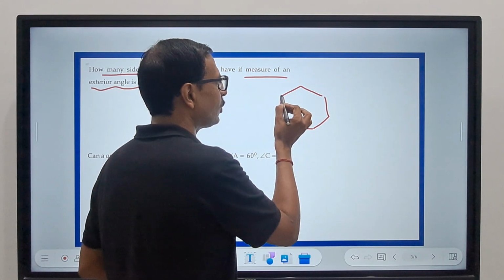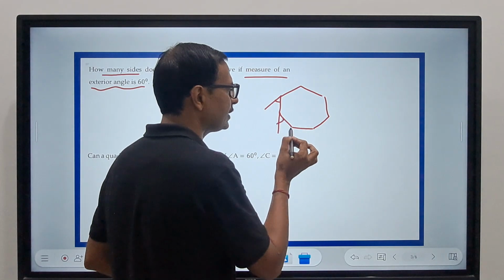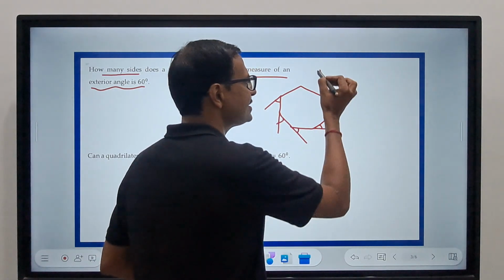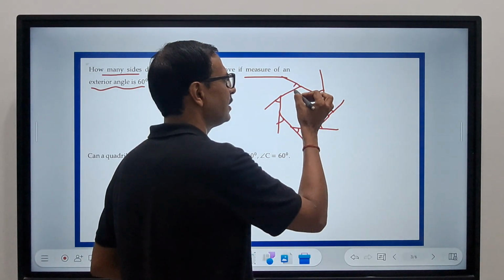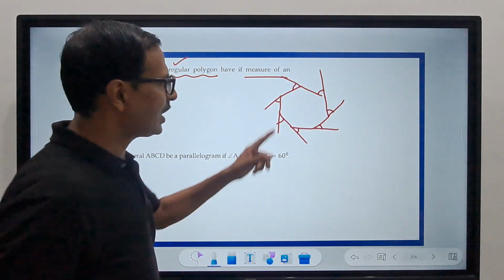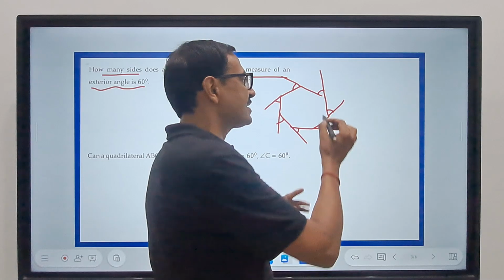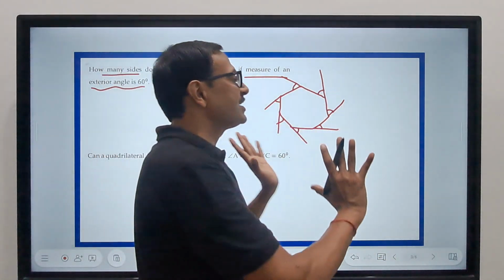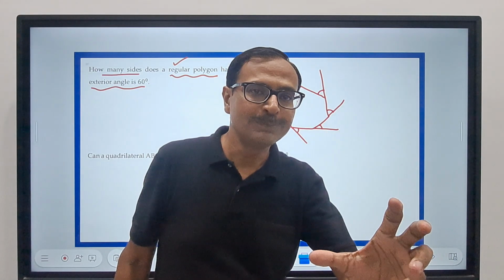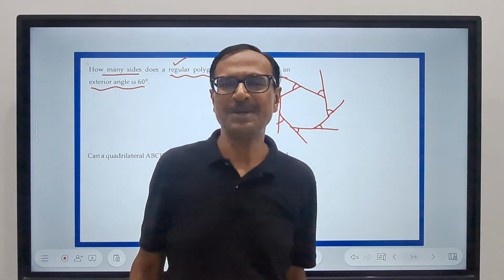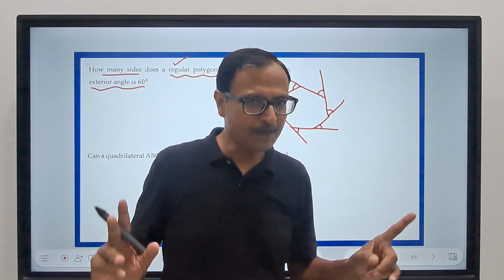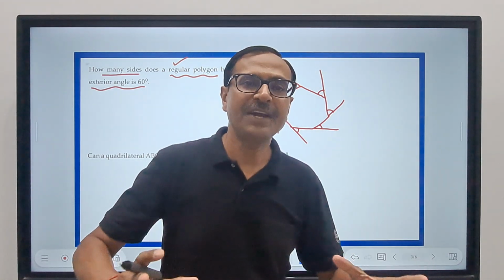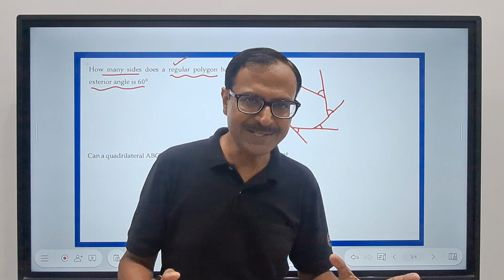Okay, so if I make all the exterior angles, see, all these are exterior angles. I am producing the sides and making exterior angles, marking the angles like this. See, so I have marked 7 angles. The surprising property of exterior angles of a polygon is that all the exterior angles always add up to 360 degree. Okay, so always remember, the sum of exterior angles of a polygon is always 360 degree, right?